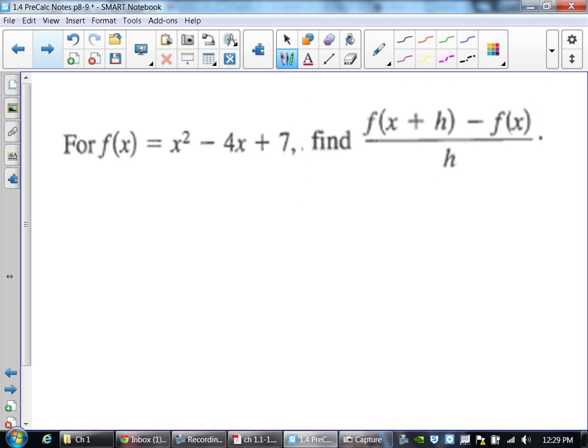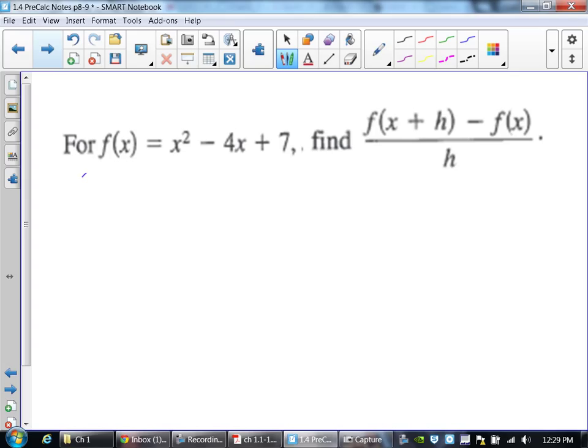So we're going to do the exact same thing. We're going to use the difference quotient for f of x equals x squared minus 4x plus 7. What I'm going to do is, excuse me, I have to substitute in that x plus h in for x first.